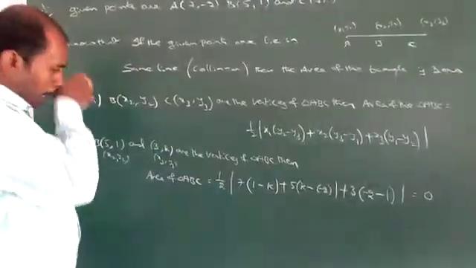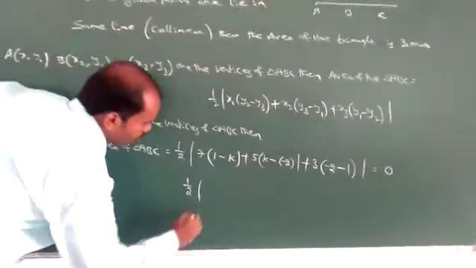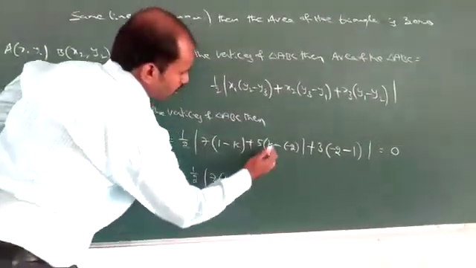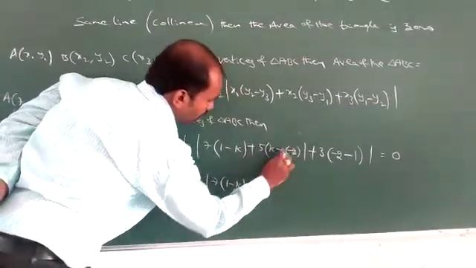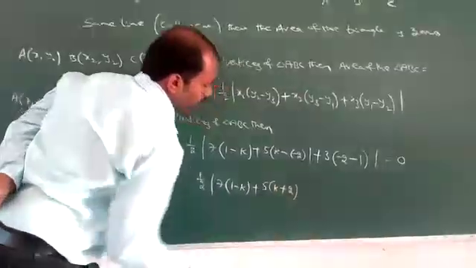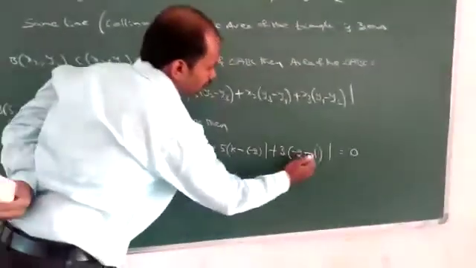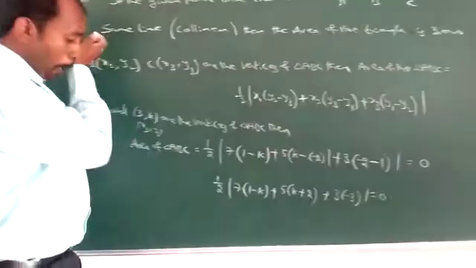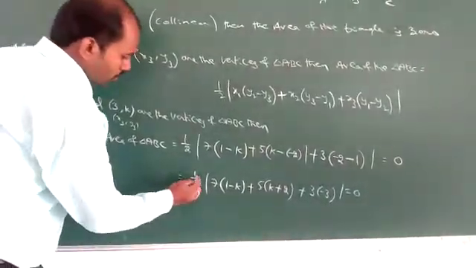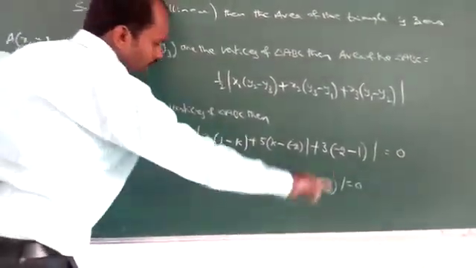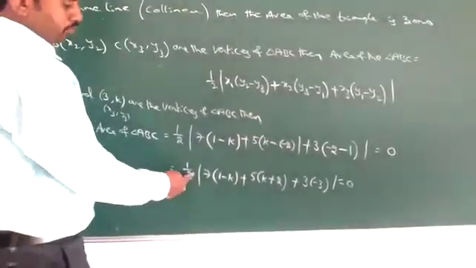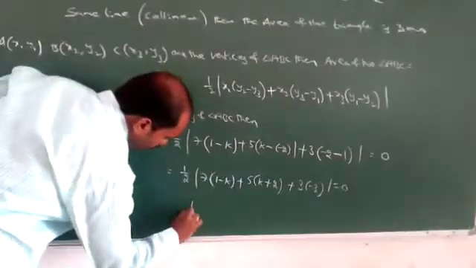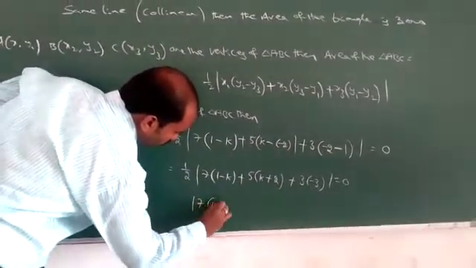Now the simplification. Modulus of 7 into (1 minus k) plus 5 into (k plus 2) plus 3 into (minus 2 minus 1), that is minus 3, equal to 0. Now the half on the left side, take to the right side, 2 is the denominator, so it becomes multiplication, 0 into 2. Now remaining, modulus of 7 into (1 minus k).